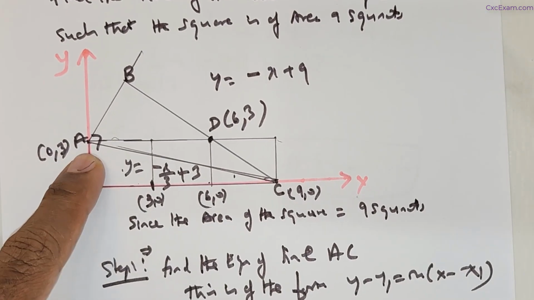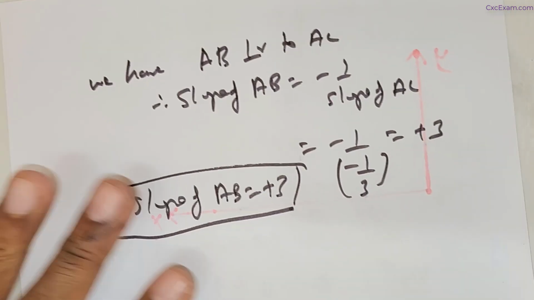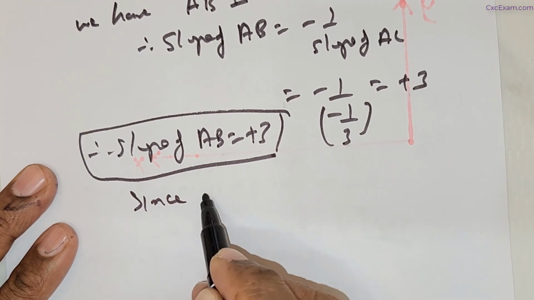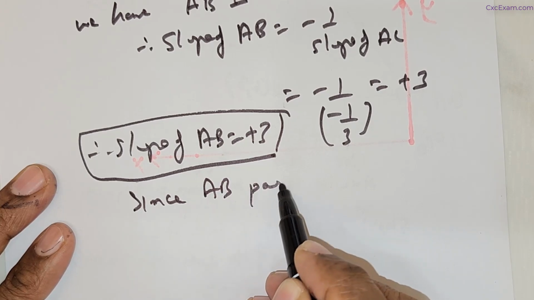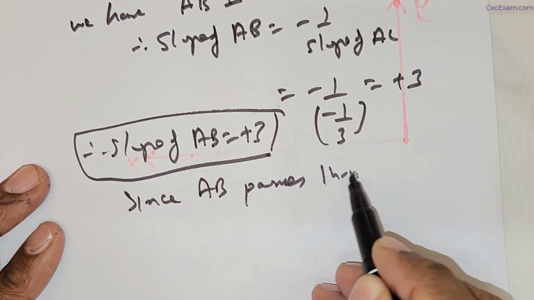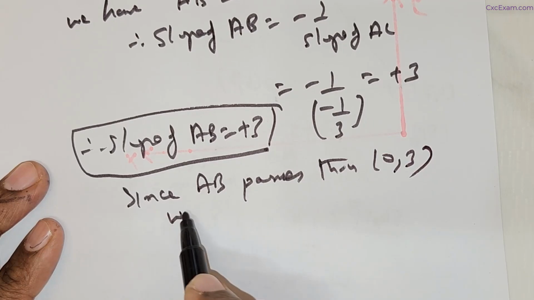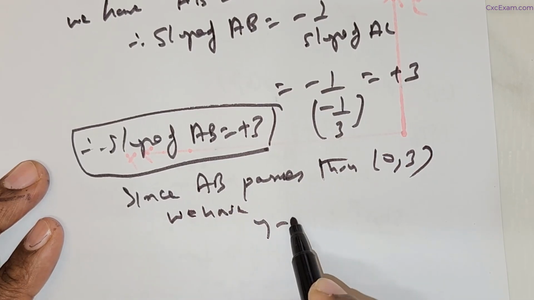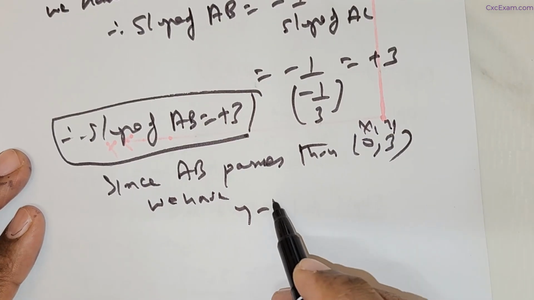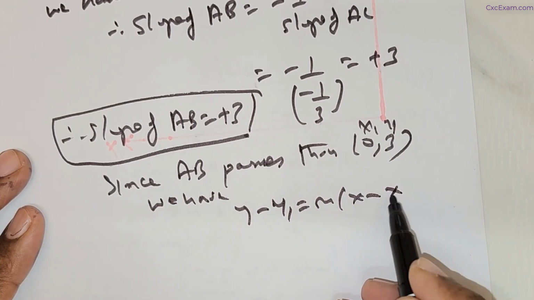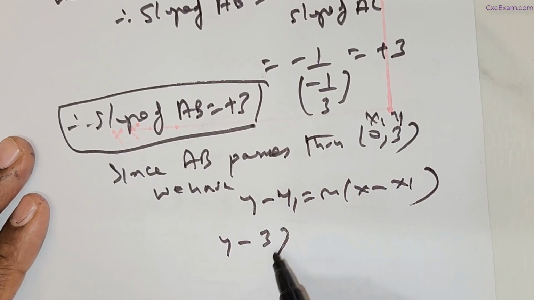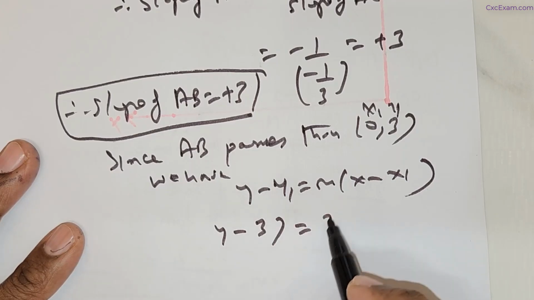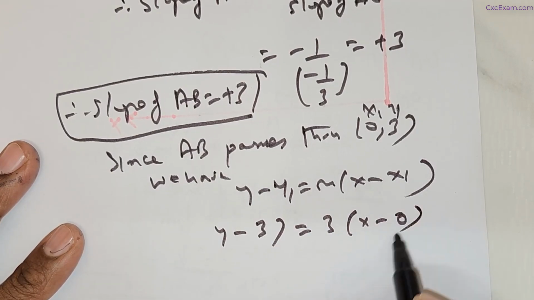Right? The line is passing through 0 comma 3. Since AB passes through 0 comma 3, we have y minus y1 is equal to m times x minus x1. So y minus 3 is equal to 3 times x minus 0.